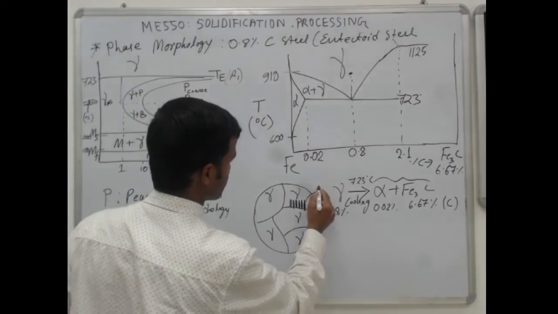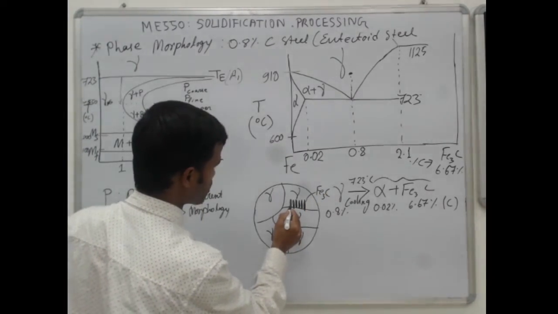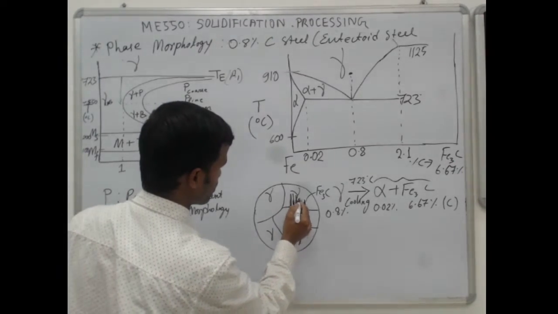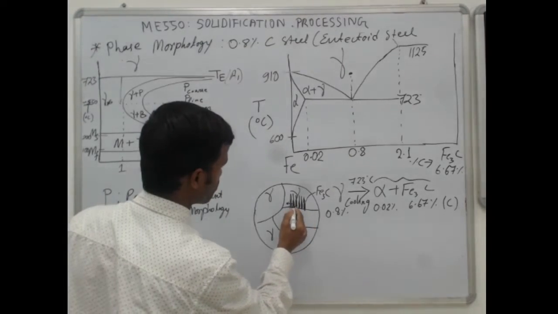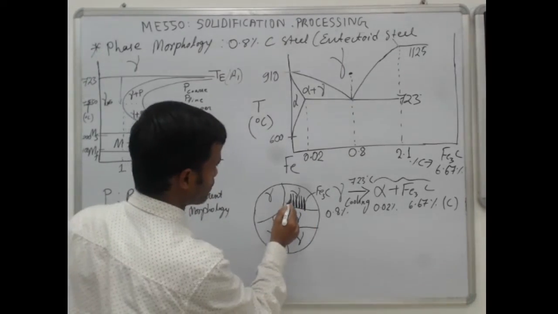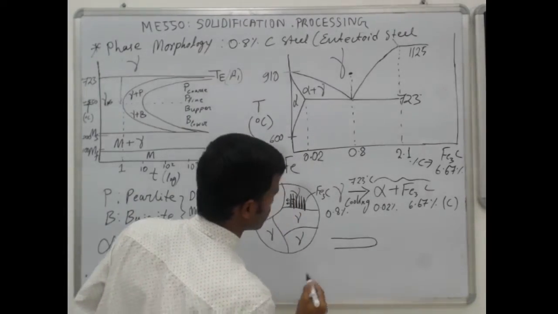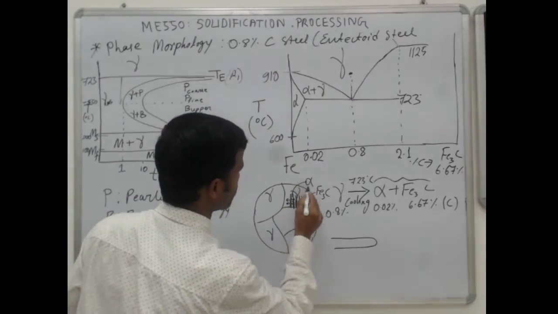So these are Fe3C. Cementite nucleates at the grain boundaries, then grows inside the grain like this, but it also grows laterally and becomes thicker. So cementite will grow, but the space inside is called alpha ferrite.